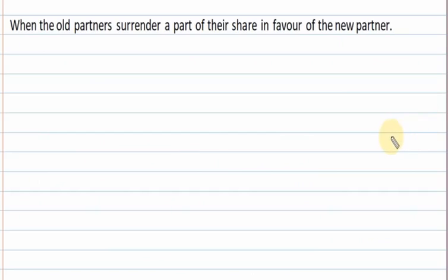The third case is where it is given what part of their share the old partners surrender for admitting a new partner in business. So suppose A and B are old partners sharing profits in the ratio of 3 is to 2.